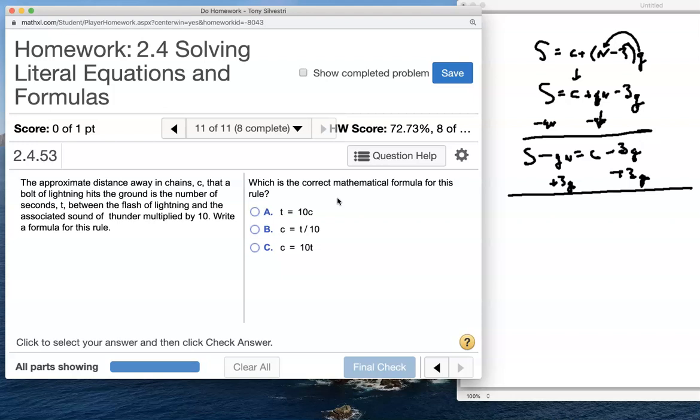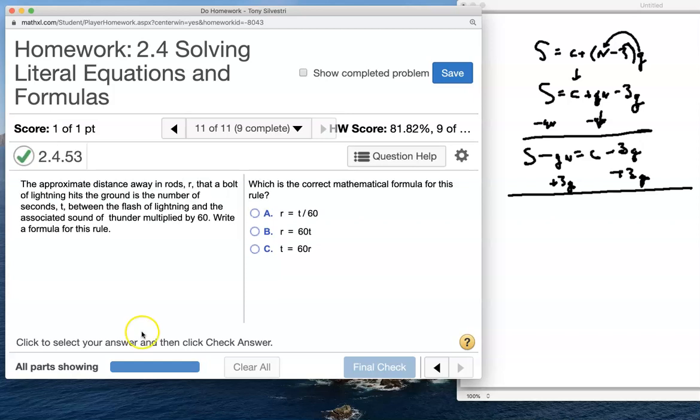Write a formula for this rule. Okay, let's take a look at that. Oh, okay. I inadvertently changed the problem a bit. I don't know what it was. I thought there was a problem with chains. That bothered me. So I just said, give me another question.